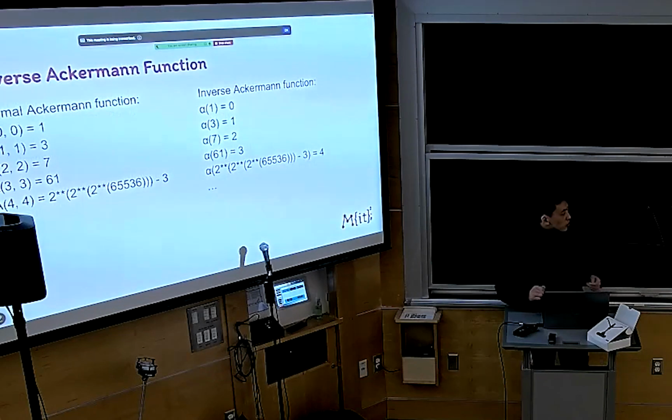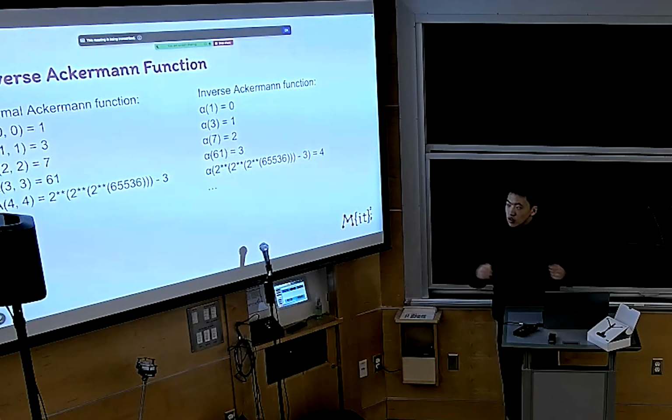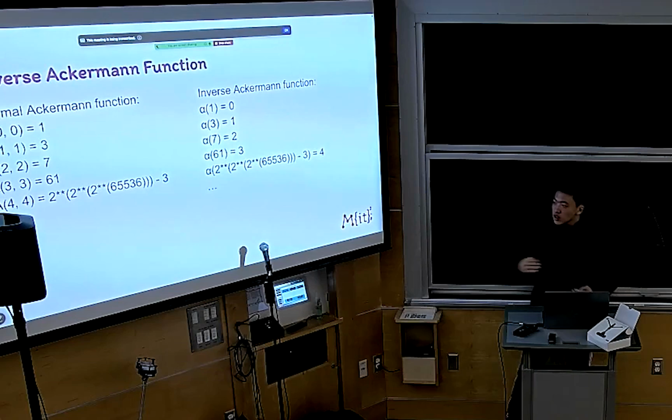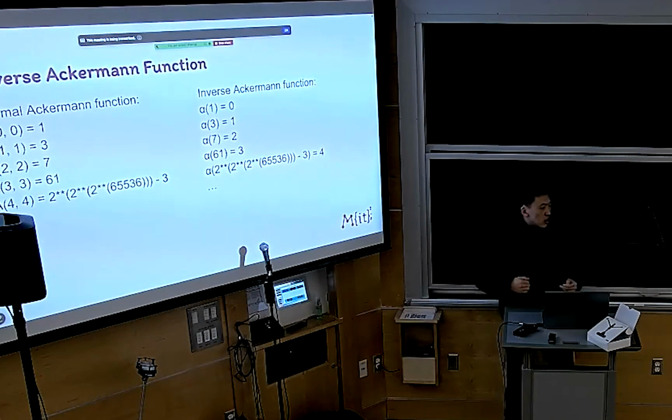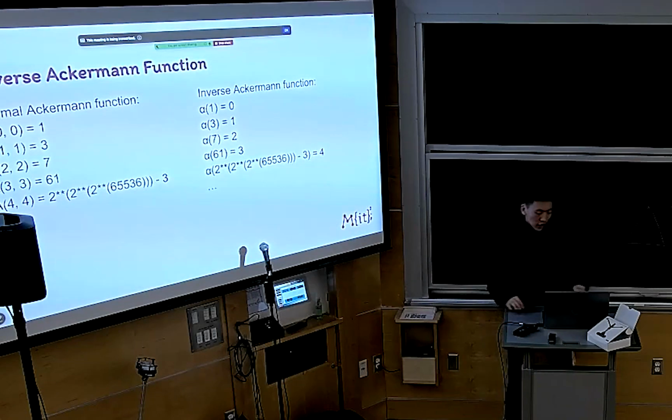The Ackermann function is a function that grows extremely, extremely quickly. It grows so quickly, in fact, that, for example, the Ackermann of 4,3, I believe, is still not known to this day. And I believe that number is actually Ackermann of 4,2.